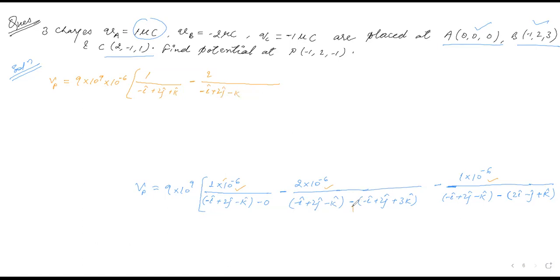After multiplying this negative sign into this whole bracket, you get plus i cap minus 2j cap minus 3k cap. Okay. Yes, sir. Similarly, the negative sign again here: 1 over minus of i cap plus 2j cap minus k cap.